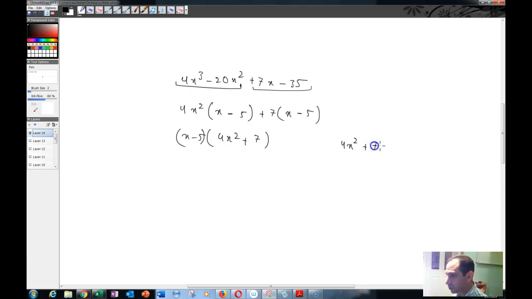4x squared plus 7, you can write it as 2x whole squared plus, for example, square root of 7 whole squared, and then you would write this as a squared plus b squared, right? So what you could do, you could make some changes to this.